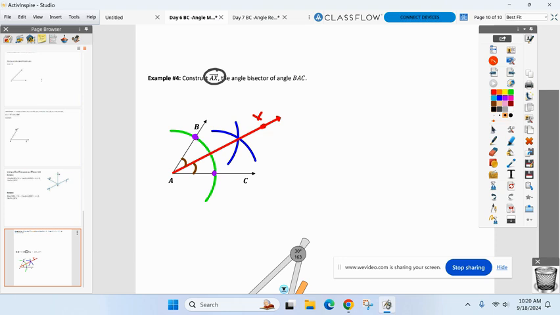It will be 3 arcs. That's all it takes. First arc to get your 2 points of intersection, and then your next 2 arcs come from those points. Got to make that first arc to get those points, though. You can't just randomly put 2 points on there. So I'm going to do it from here.